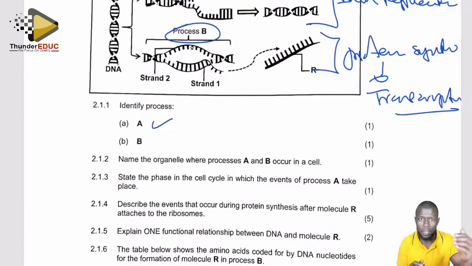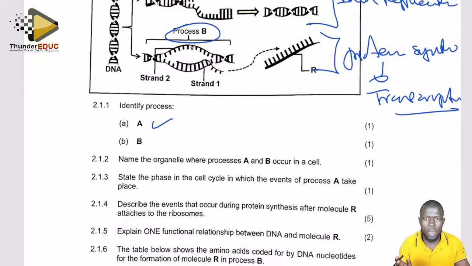So you look at the steps: DNA replication occurs in the nucleus. Also transcription occurs in the nucleus. In DNA replication, the double helix DNA unwinds. It's the same story here, the double helix DNA also unwinds. If you look at the differences, you can talk about two strands that act as a template in replication, while on the other side one strand acts as a template in transcription.